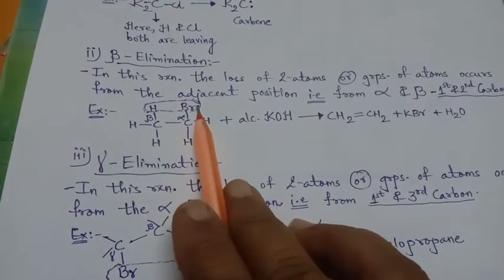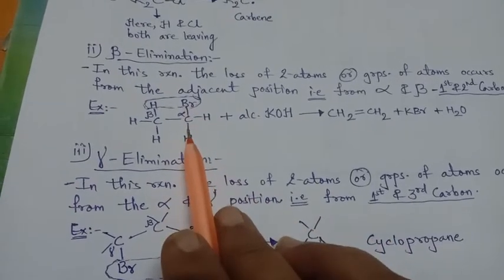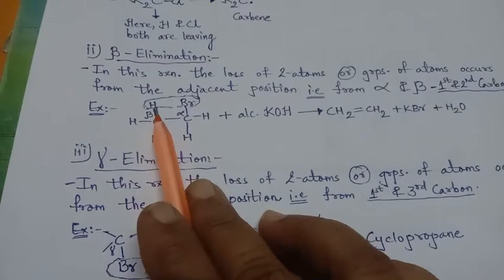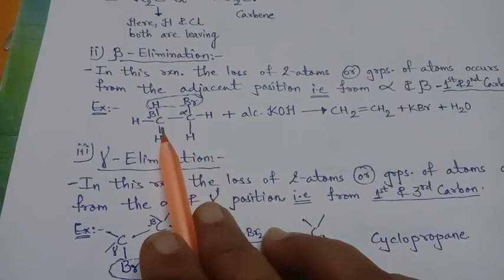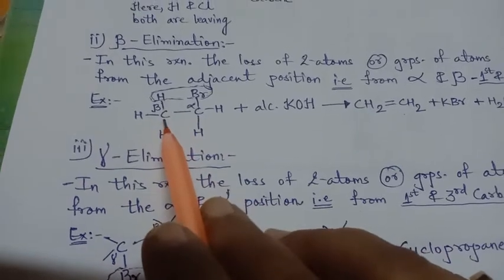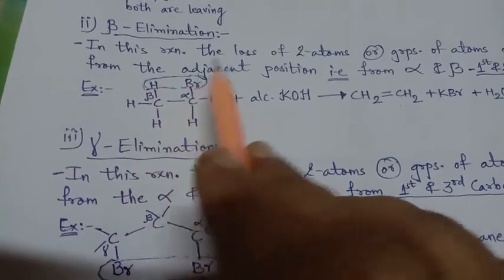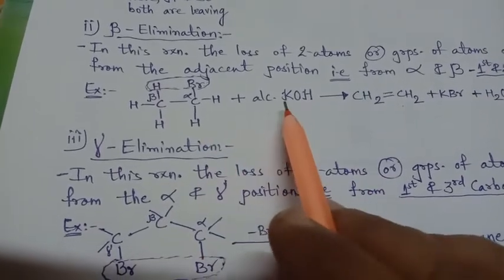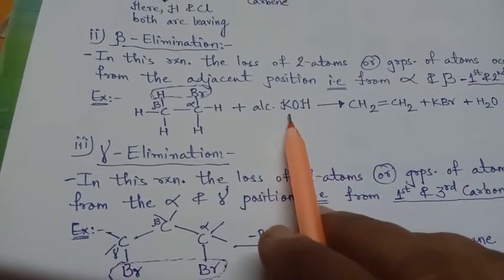Here Br, functional group, hydrogen is attached, so this is the first carbon, right? And here it is H only. So this is the first, this is the second carbon. Now Br from the first and hydrogen from the second, both are removed by alcoholic KOH, as we have just discussed in the general presentation of elimination.